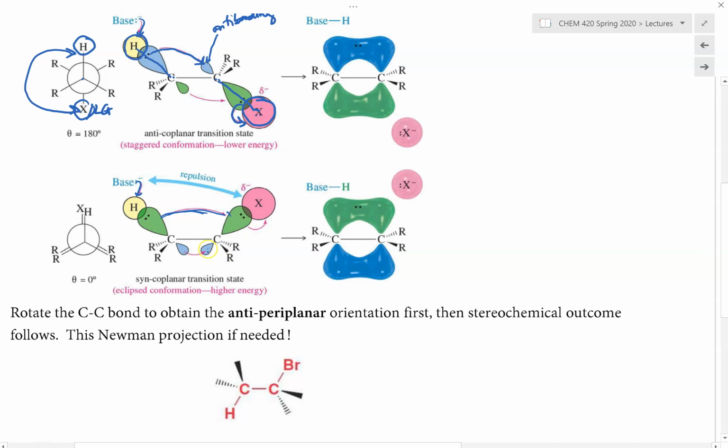So it needs to be donated into this anti-bonding orbital in order to weaken this C-X bond for this bond to break. But here in this case right here, if these two groups were to be together and their bond angle is 0 degrees from each other, then now we can see they are not in the right orientation to donate the electron into the anti-bonding orbital. And therefore, there will be no reaction.